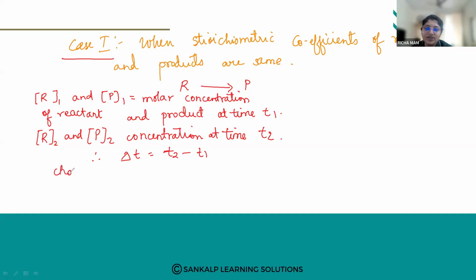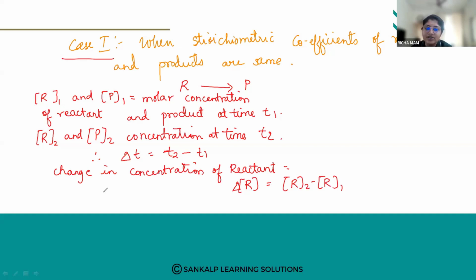What is the change in concentration? How do we calculate it? First we'll calculate the change in concentration of reactant. Delta R is equal to R2 minus R1.